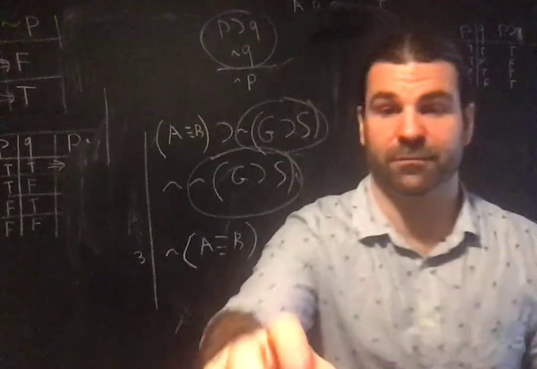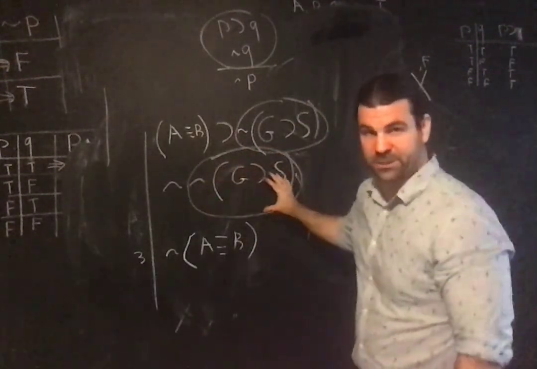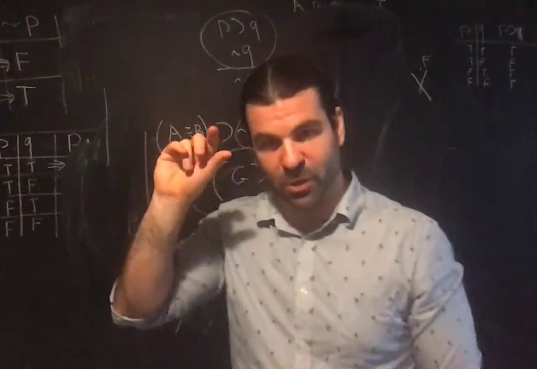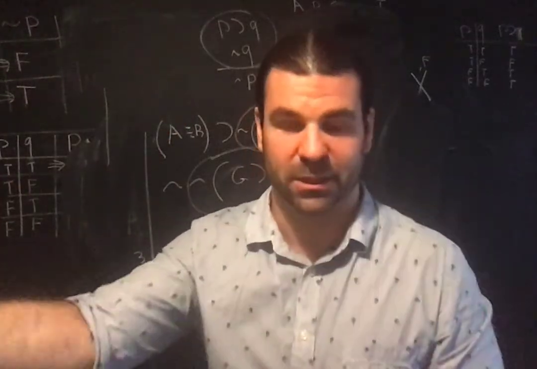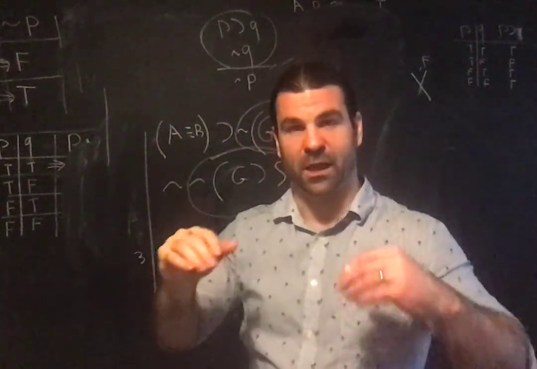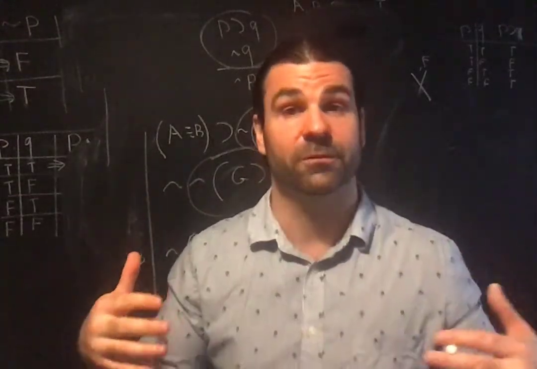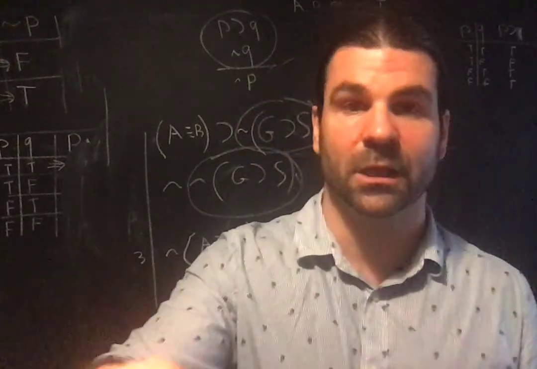And you will have complicated formulas like this, except with P's and Q's. But it's just an iterated application of the truth table at each step, as you work through the construction of the formula to figure out the truth values of the overall formula. So we'll see how that works out as we continue.